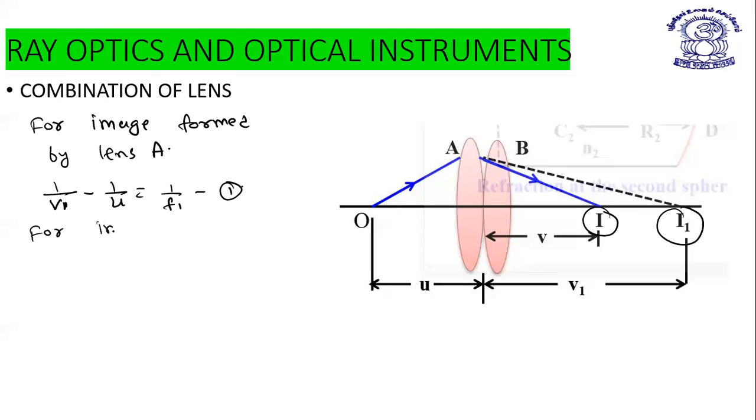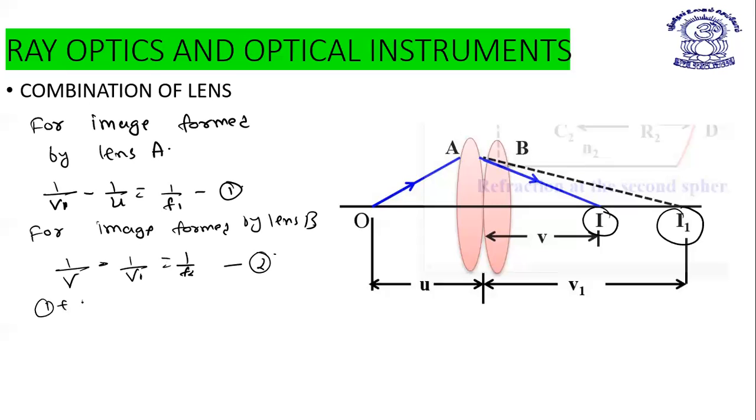Same way for image formed by lens B, we can write 1 upon v minus 1 upon v1 is equal to 1 upon f2.